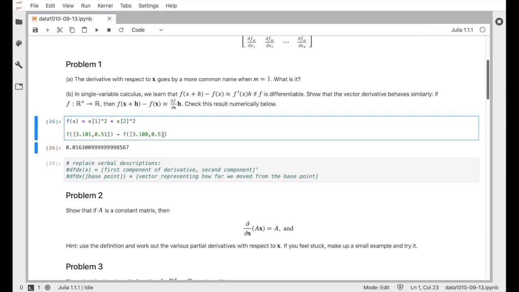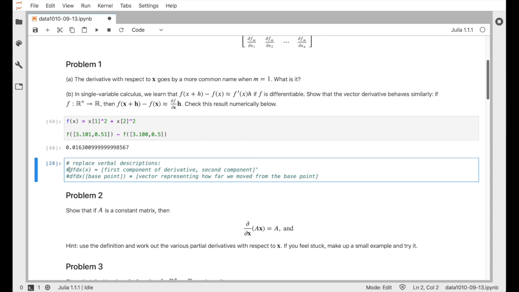And what we're evaluating here is how much the function changes when you go from a base point of 3.1 comma a half to 3.101 comma 0.51. So there's a small change in input and we want to measure the resulting change in the function. And of course we can just directly compute it, but what we'd like to investigate is whether in fact the derivative can be multiplied by the displacement vector to get approximately the same result.